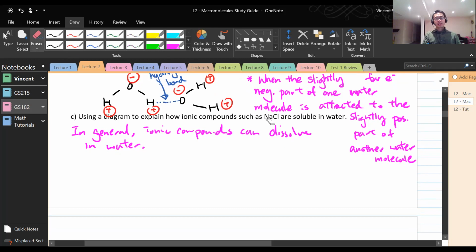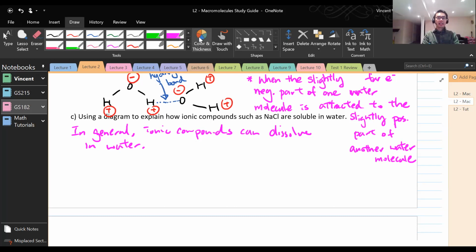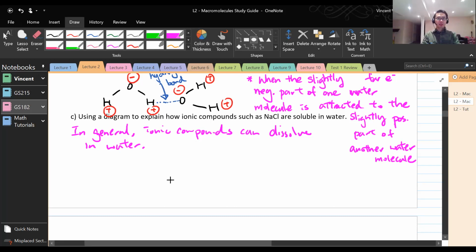In NaCl, the sodium, the metal, is going to have a positive charge because it gave away the electron, and chlorine accepted the electron, which makes it negative. So when you put it in water, you have the sodium here, positive, and the chlorine, negative.